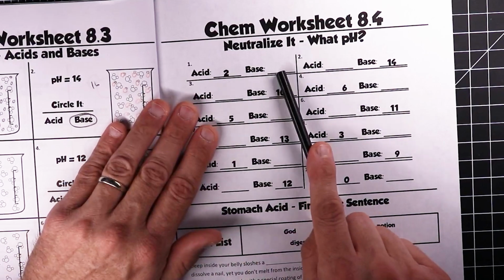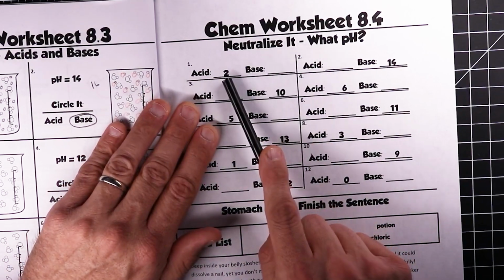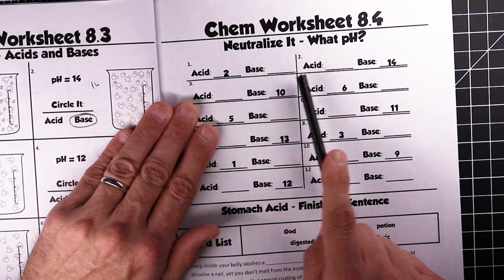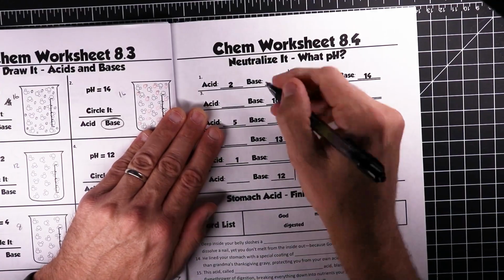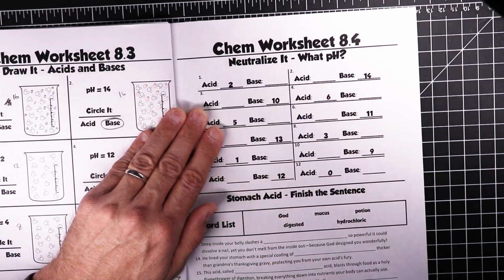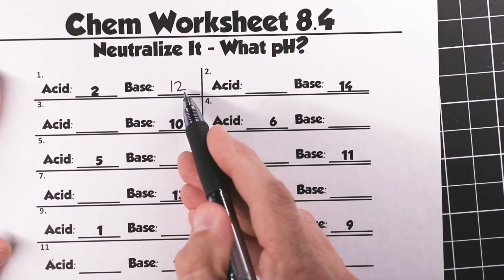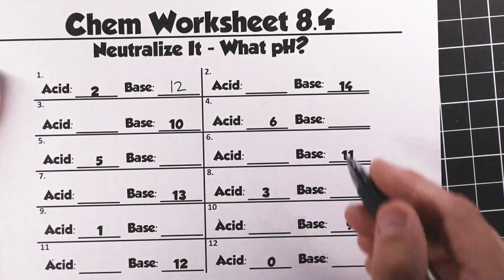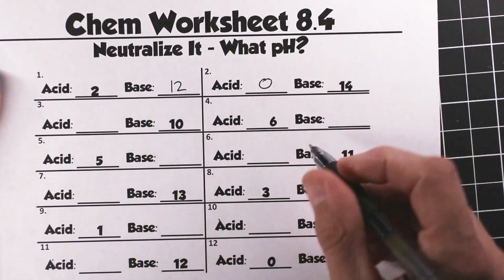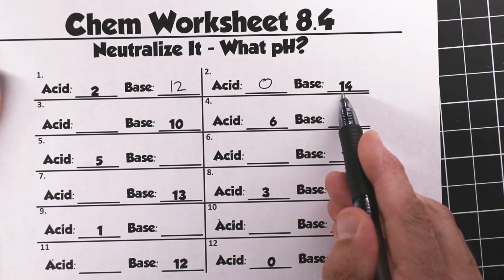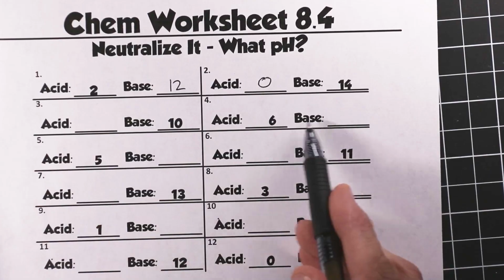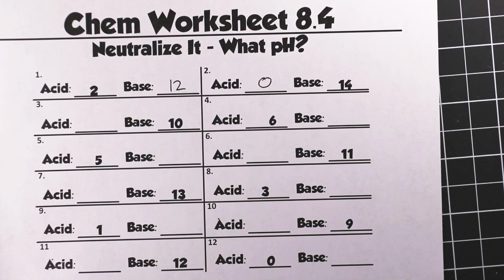What pH of base do I need to mix with an acid of 2 to make a neutral solution? The answer is, if they're equal amounts, it always needs to equal 14. So 2 plus 12 would neutralize if they're equal amounts. 0 plus 14 would neutralize if they're equal amounts. And if it always adds up to 14, you're neutral.